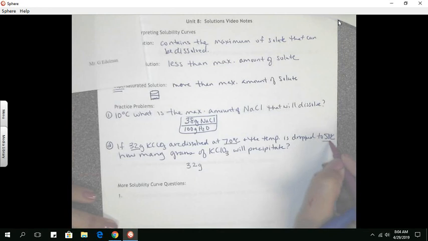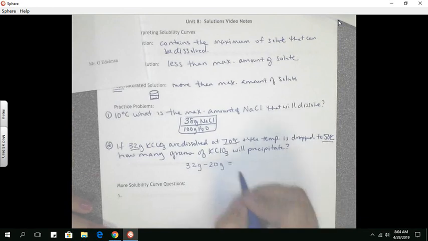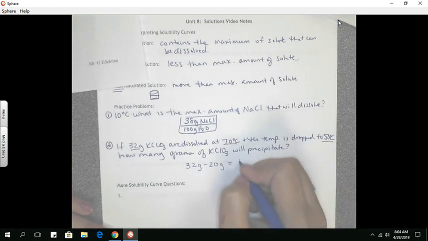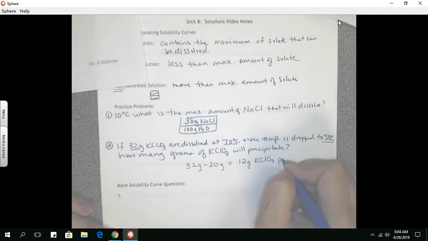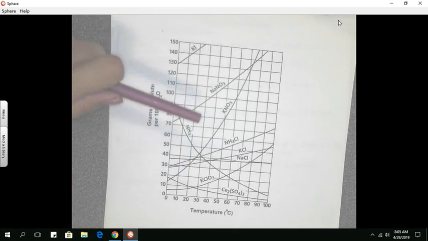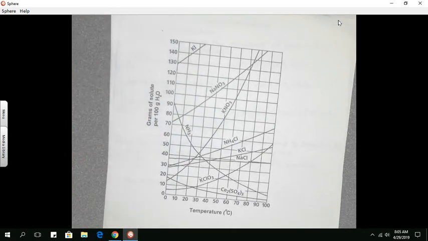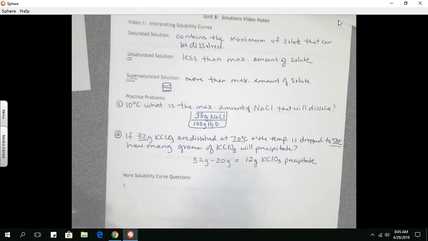If we drop to 50, our graph told us that we would get 20 grams that would still be dissolved. So if I subtract those two, I would find the amount that would precipitate. So 12 grams of potassium chlorate will precipitate. Right? That's again because this graph is telling us how much dissolves at each of these temperatures for each of these solutes. All right, let's look at a couple more questions.